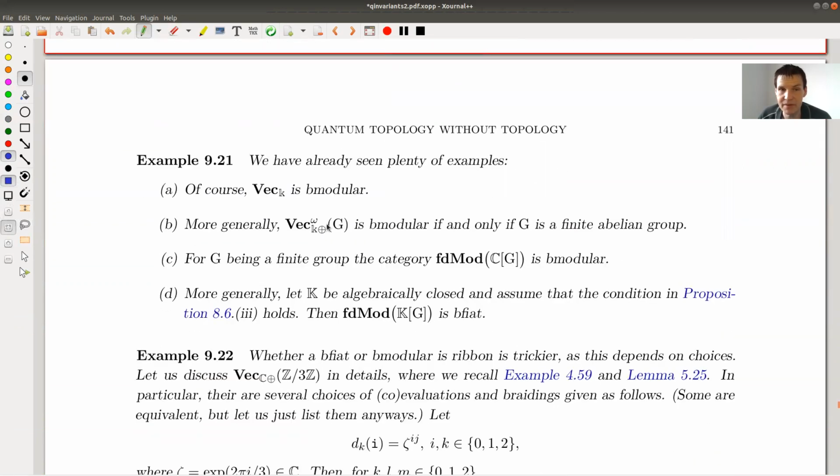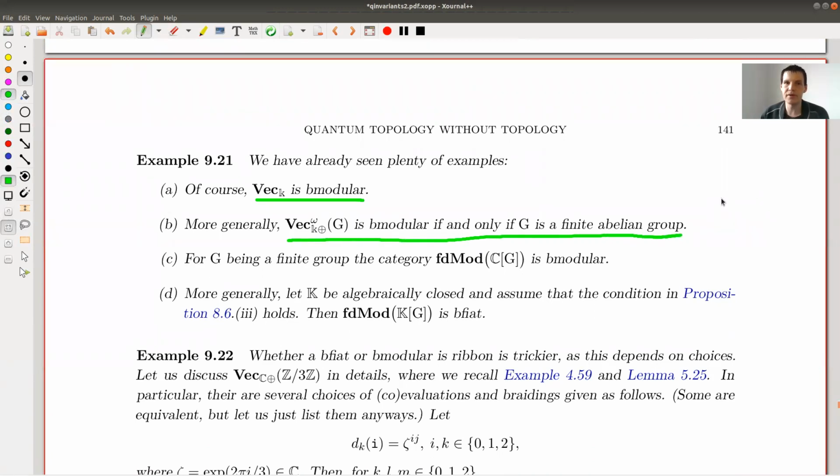We already know a lot of examples. Vector spaces is everything, as usual. For a finite group, the category of group graded vector spaces can only be B modular.